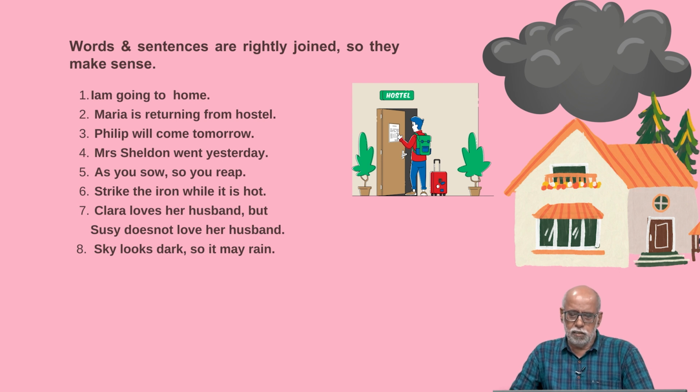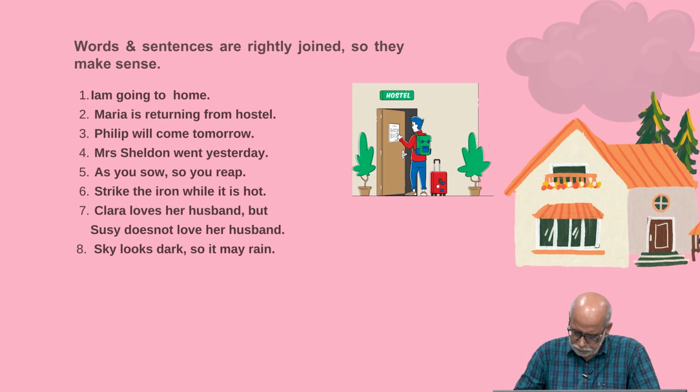One is Clara, the other is Susie, and they both are married, they both have husbands. One loves one's husband, Clara loves her husband, maybe he is a nice man, but Susie does not love her husband, perhaps he is not a nice man. Okay. Finally, sky looks dark, so or therefore it may rain.